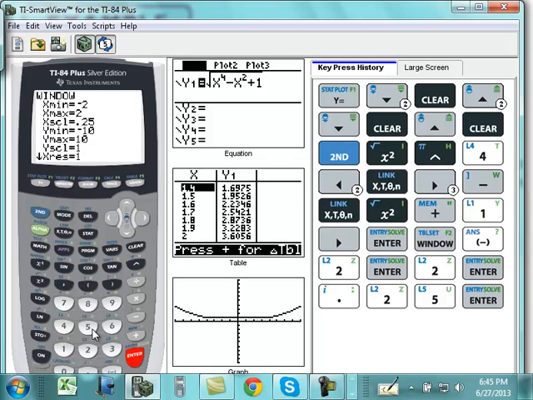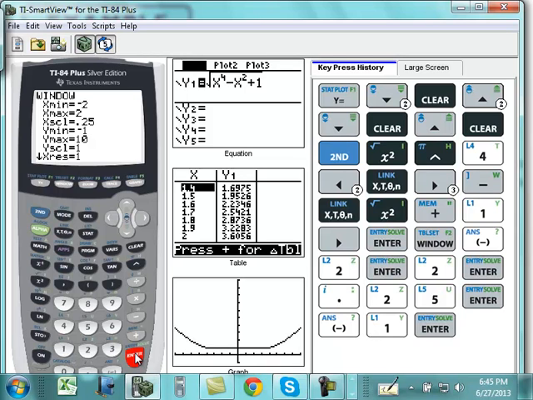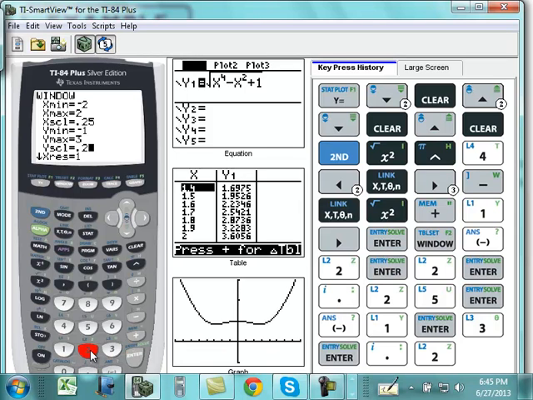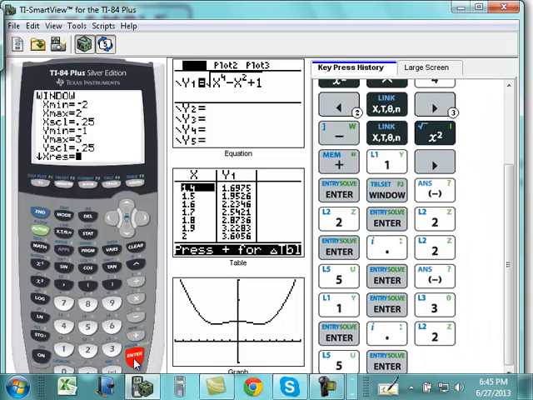And y minimum maybe to be -1. Enter. Y maximum maybe to be 3. Enter. And y scale maybe to be 0.25. Enter. So let's go ahead and hit graph.